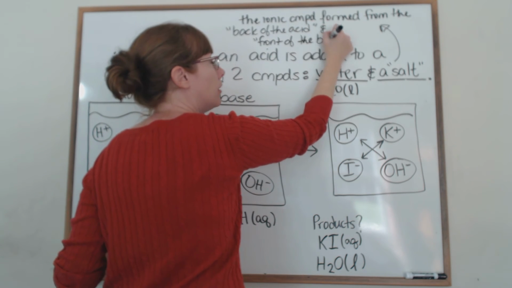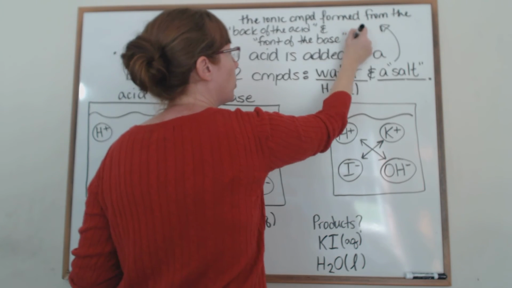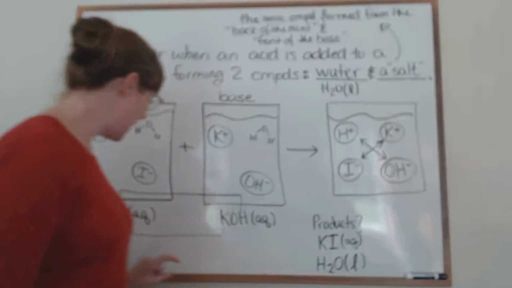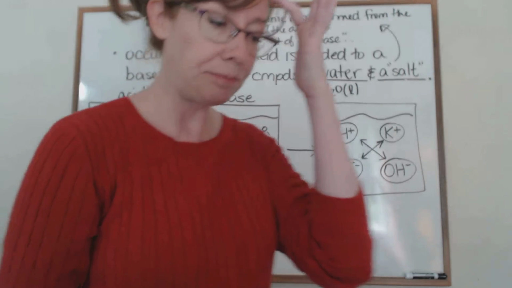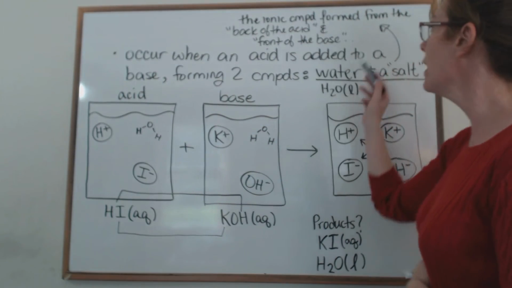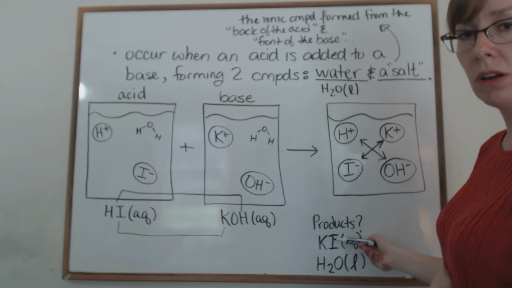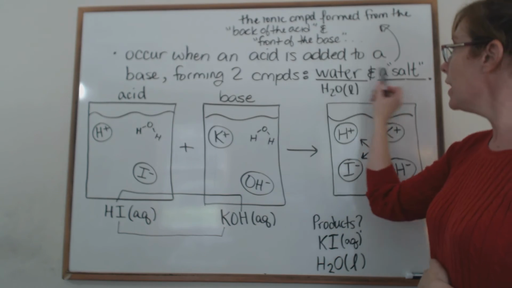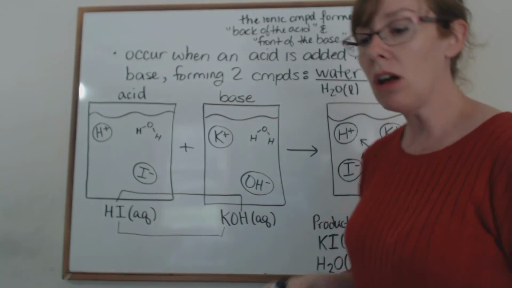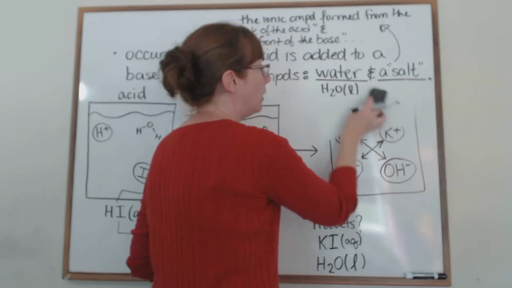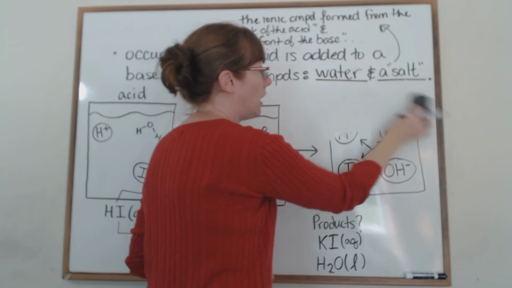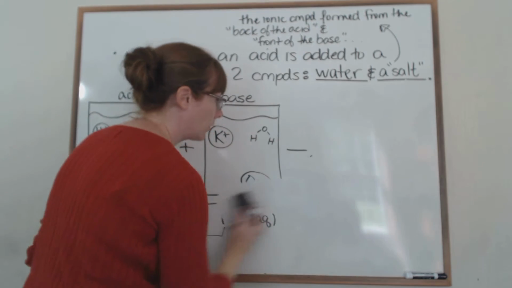That's pretty lame wording for a chemist, but I suppose you could say the anion from the acid and the cation from the base. That's going to be the ionic compound that is formed. That's called the salt. So you're always going to get water and a salt. And the salt, I will tell you, is almost always aqueous, just like this one was. So now let's leave that up here for a little bit and let's do a couple practice questions.